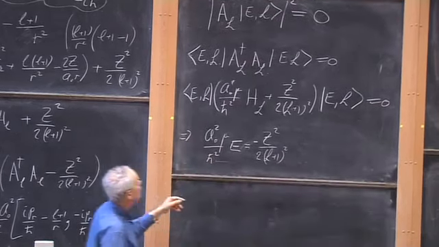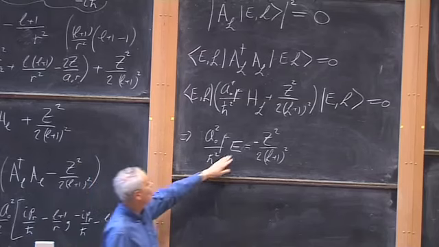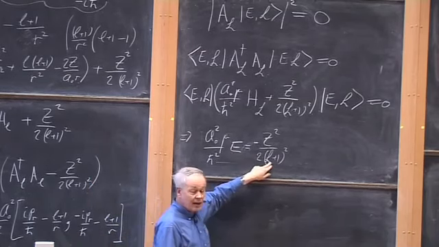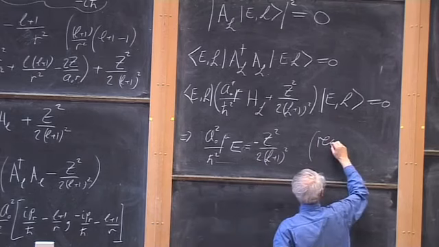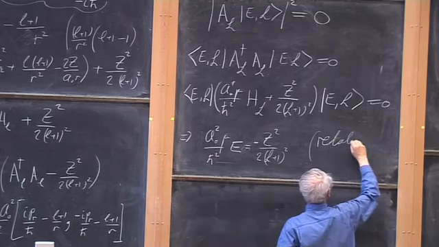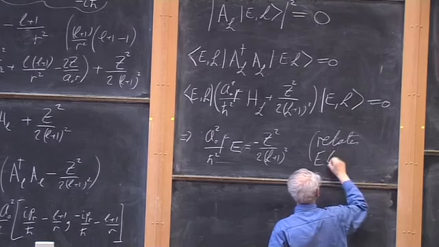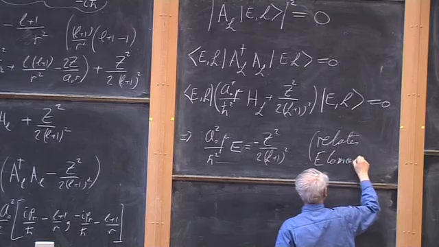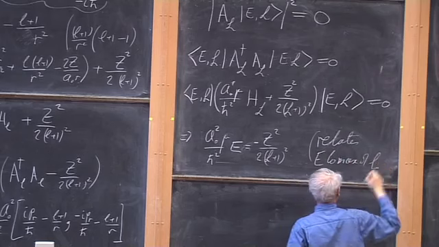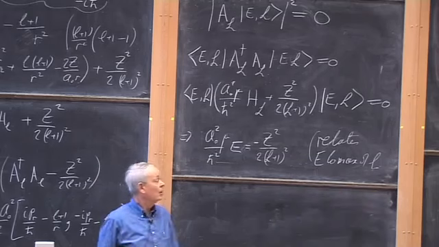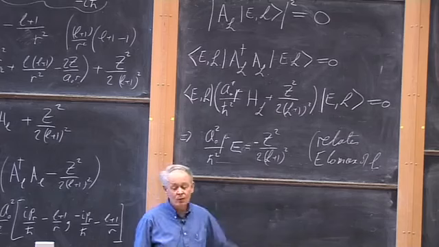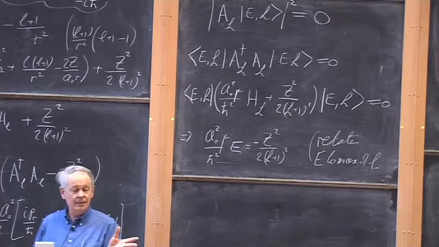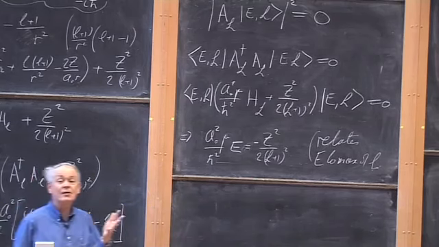So what have we done? We've got a relationship between the energy and the maximum allowed angular momentum. More than that, we know that these angular momentum quantum numbers, because this is orbital angular momentum we're talking about, we proved had to be integers.